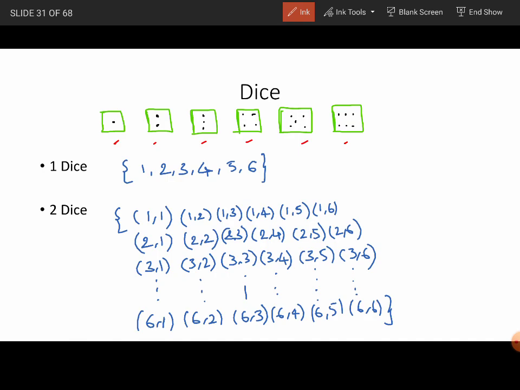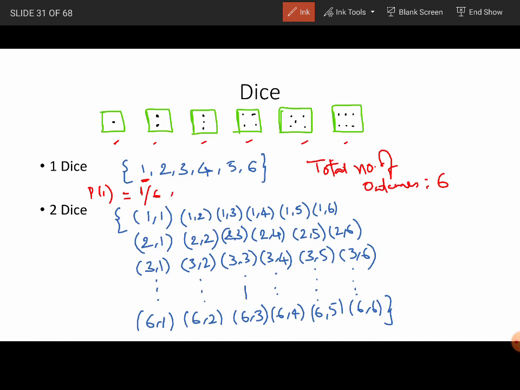So when I roll a single dice, the total number of outcomes will become 6, and the probability of occurrence of 1, P of 1, can be written as 1 favorable outcome by total number of outcomes 6.